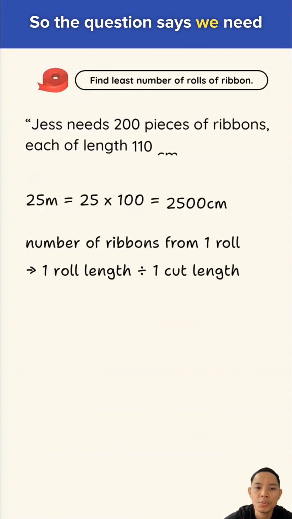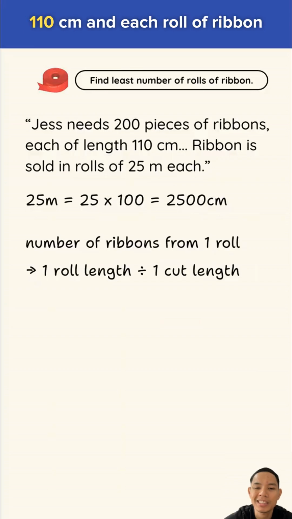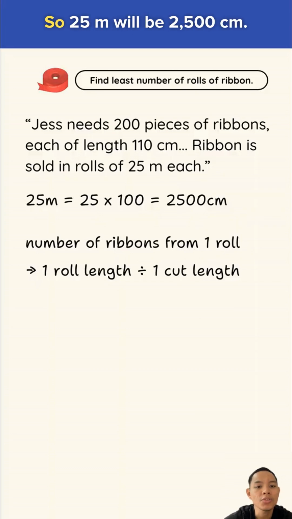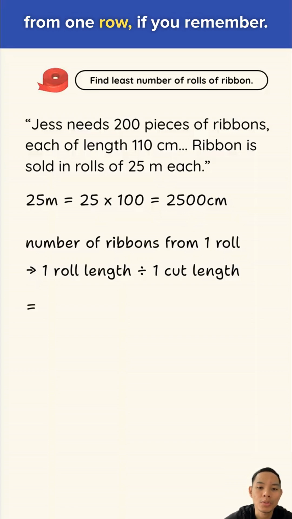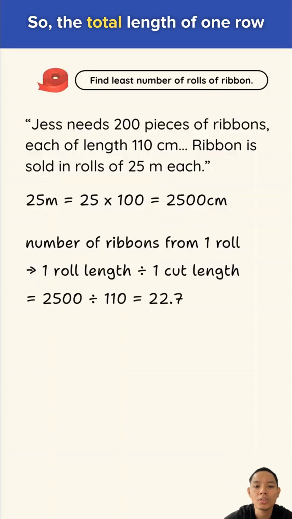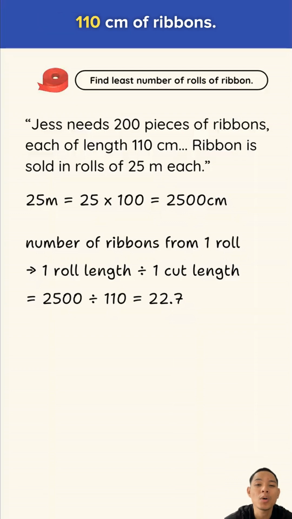The question says we need 200 pieces of ribbon, each 110 centimeters, and each roll of ribbon is sold at 25 meters. So first, we need to convert the meters into centimeters. 25 meters is 2,500 centimeters. Second, we need to know the number of ribbons from one roll. The total length of one roll is 2,500, and we need to cut 110 centimeter ribbons.